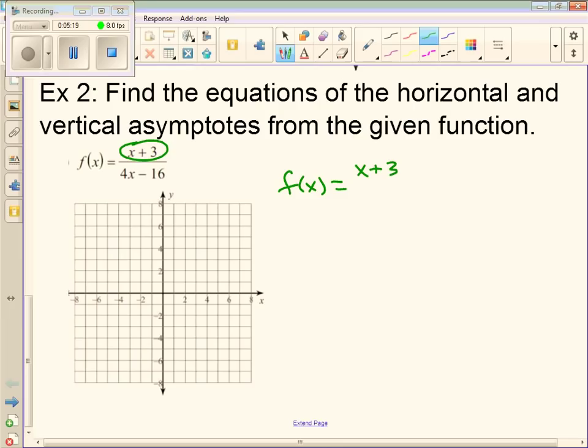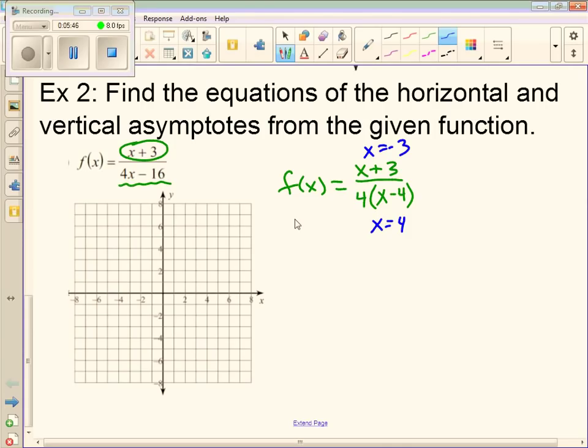In the denominator, we can factor out a 4. The greatest common factor is 4, leaving us with x minus 4. So the zero of the denominator makes the factor x minus 4. The zero is 4. The numerator's zero is negative 3. There are no zeros that are shared in common here, so we just look at the denominator.